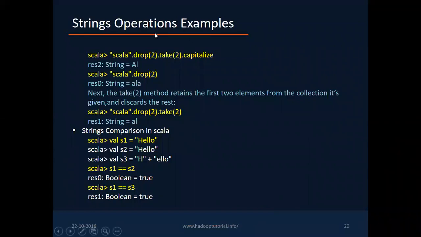And some of these methods like drop means it drops the first 2 characters. Drop of 2, and however many characters you specify there, that many of the first characters will be dropped. And take means the first however many characters you pass, those characters will be taken. Make sure that you remember this take method.